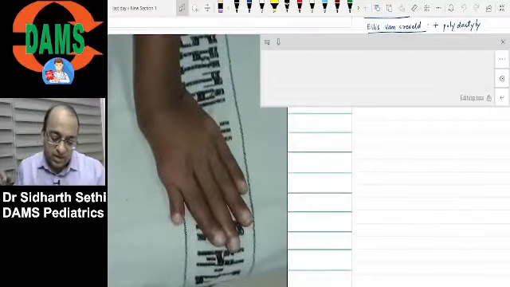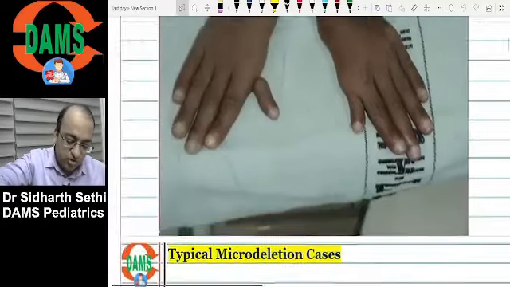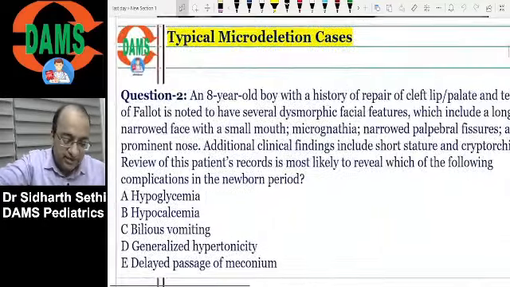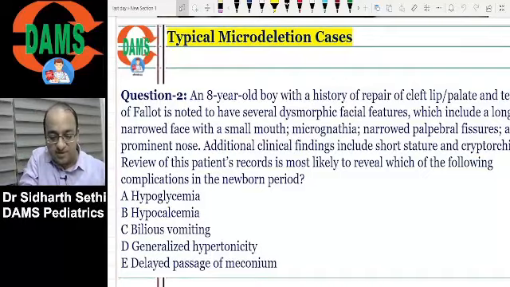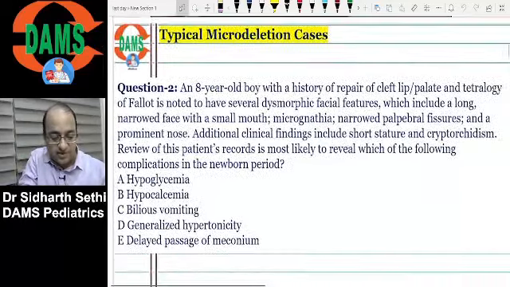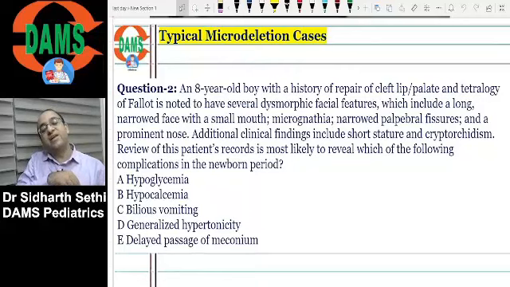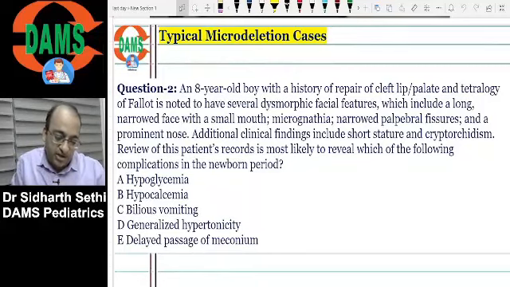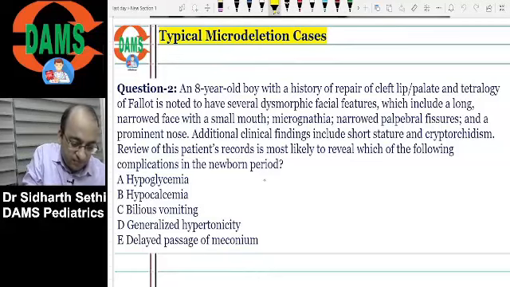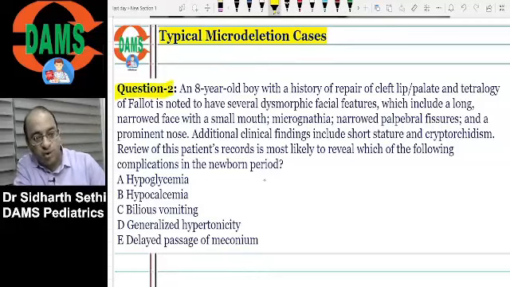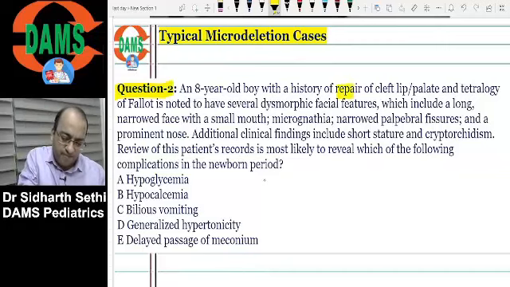Okay. So guys, let's take you to question number 2. Now, the typical style of your examiners is to ask something like this. Now, can anyone tell me what is your diagnosis? On your screen, question number 2, all of you, is an 8-year-old boy who has a history of cleft lip, cleft palate repair and repair of tetralogy of Fallot.